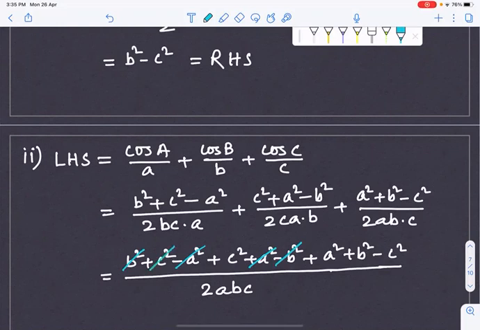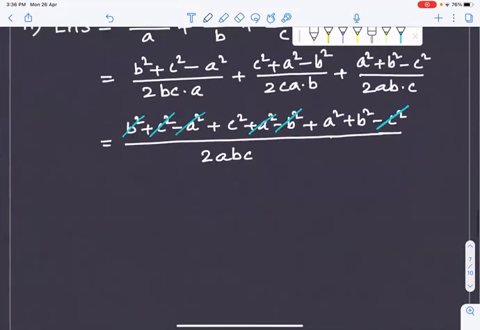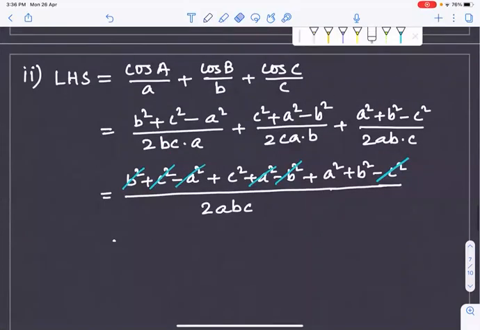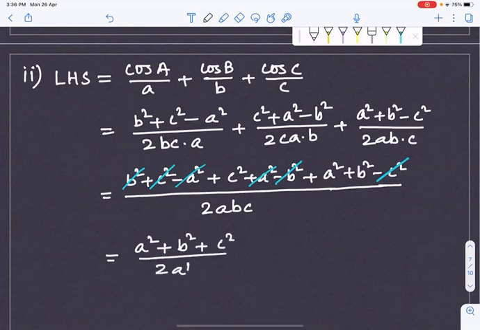This plus C square is getting cancelled with minus C square. So I am having one C square here, one A square, one B square here. So this is nothing but A square plus B square plus C square divided by 2ABC. And that is what is our right hand side that we have to prove in this question. Right. So this is how we can solve different types of questions by using the cosine rule.